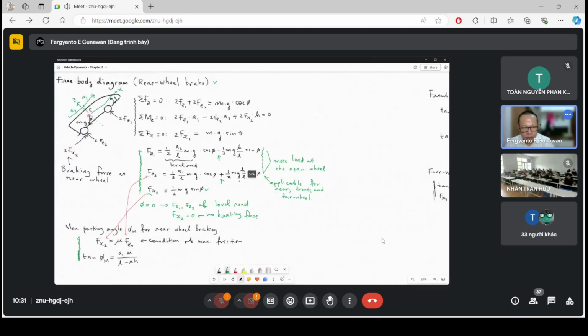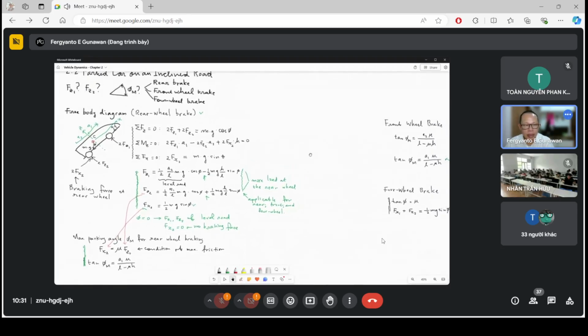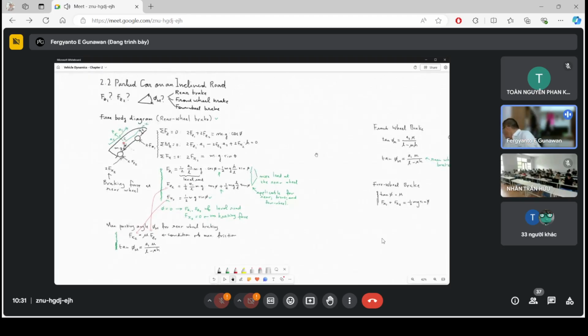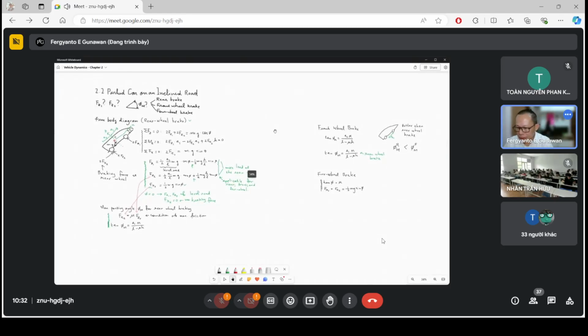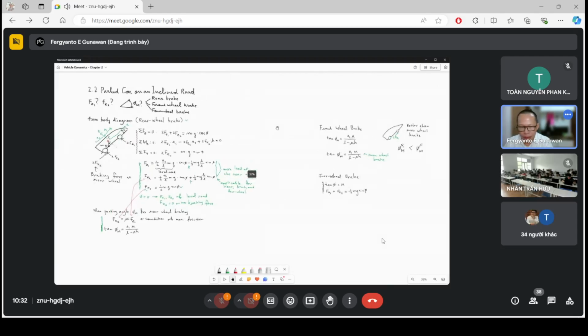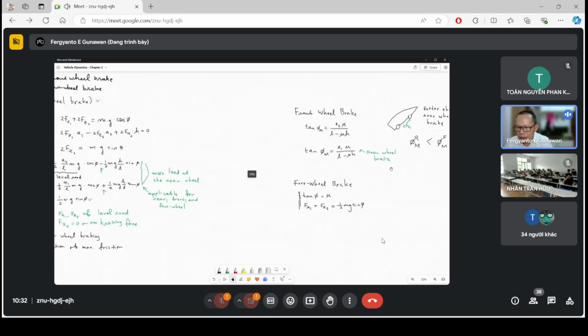So now you have this equation for the car at an inclined angle, right? Remember that this is for the front wheel brake and rear wheel brake, and this is a four-wheel brake, so this one will be much bigger.